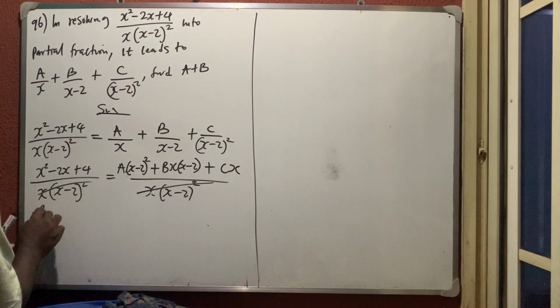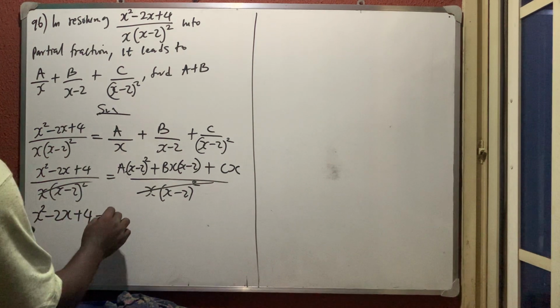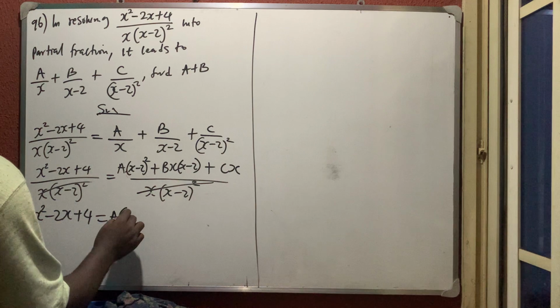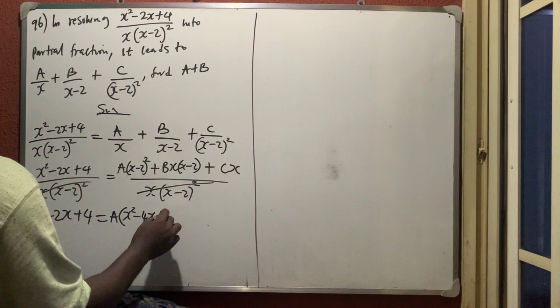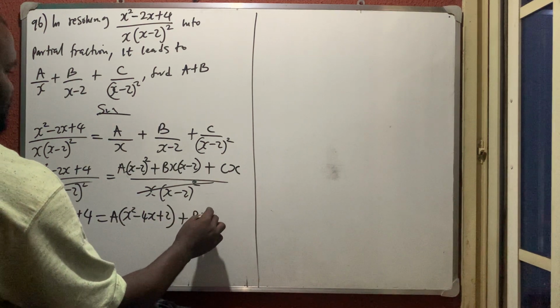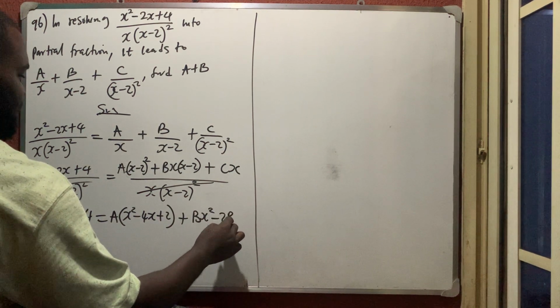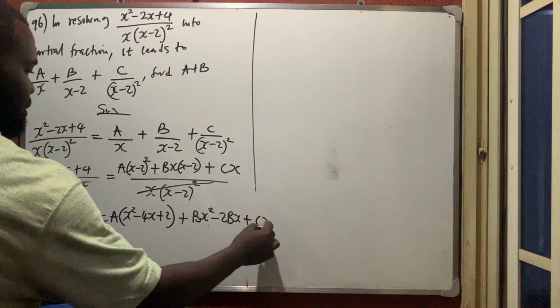So x squared minus 2x plus 4 is equal to A in bracket: square the first one, multiply the first one by the second one and double it, 4x, square the last one, plus 4. Plus this one is what? Bx squared minus 2bx. Then plus Cx.